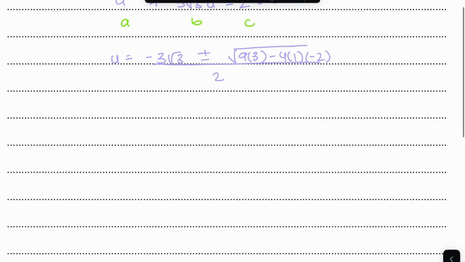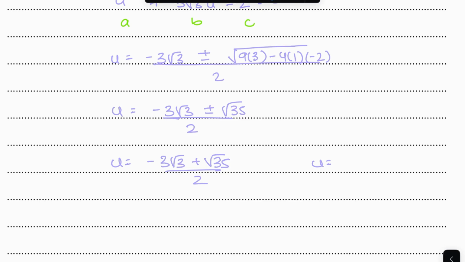If we simplify this, u is equal to minus 3 root 3 plus or minus the square root of (27 plus 8), so root 35, divided by 2. So u is equal to (minus 3 root 3 plus root 35) divided by 2, or u is equal to (minus 3 root 3 minus root 35) divided by 2.